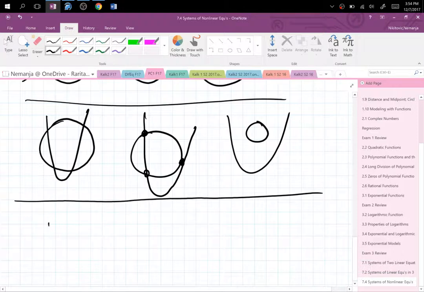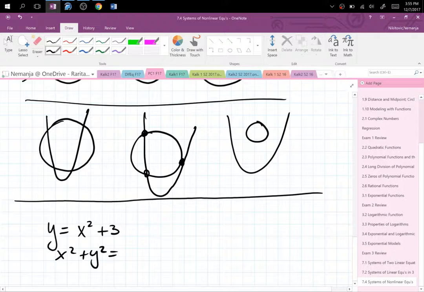Now the type of the equation will tell you what you are working on, like what type of functions or curves you're working with. So y equals x squared plus 3, and x squared plus y squared equals 9. So this is definitely a parabola, right? It has x squared in it.